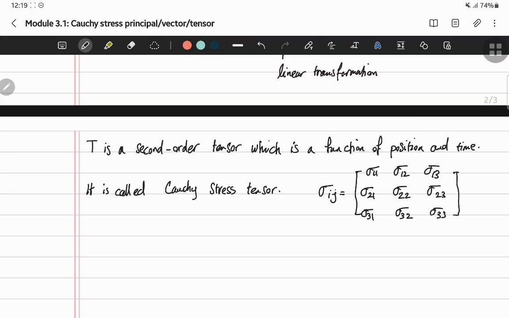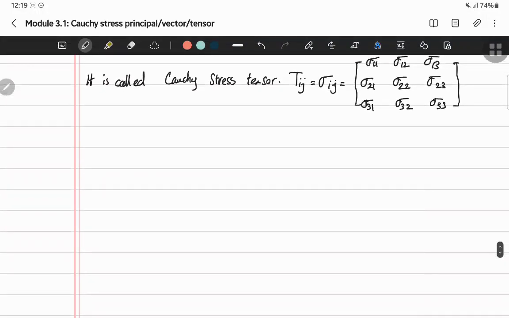We will prove that this Tij is symmetric, as you already saw in your previous courses, and we also show that this is a linear transformation. All right.